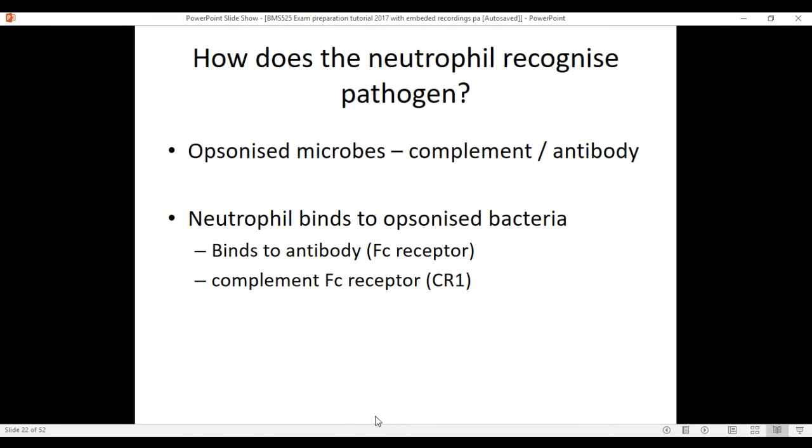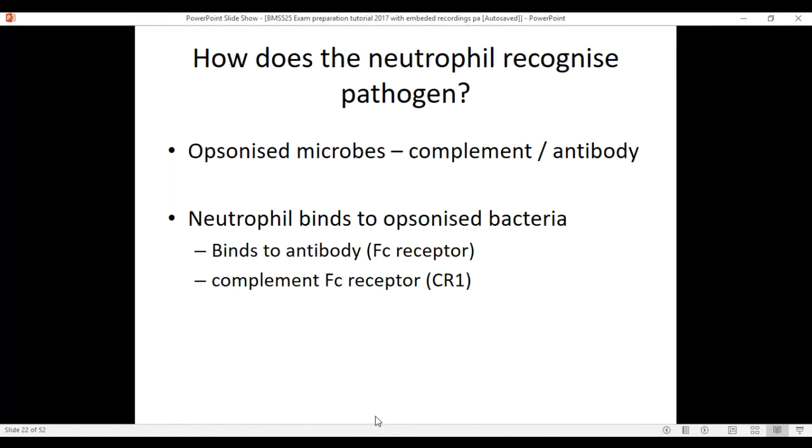Now, how does the neutrophil bind to these components that are bound to the microbe? It uses specific receptors. So the neutrophil will have Fc receptors, and these receptors on the neutrophil enable it to attach to the Fc region of antibody.